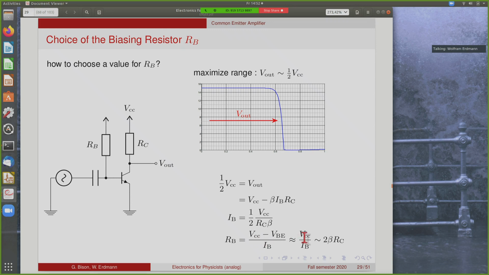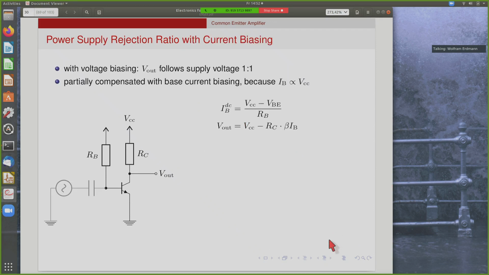So this is roughly VCC over IB, and then if you plug in this, you get 2 times beta times the collector load resistor. So now, let's say we've chosen the resistor in this way.